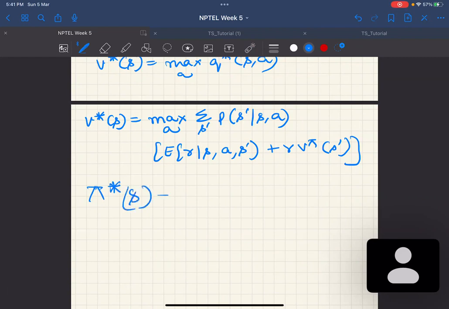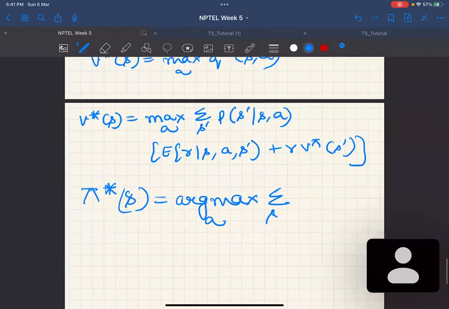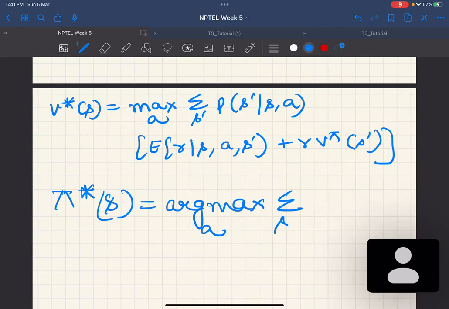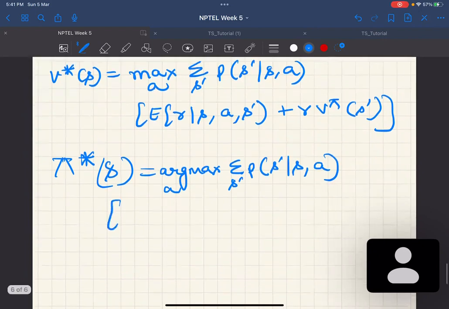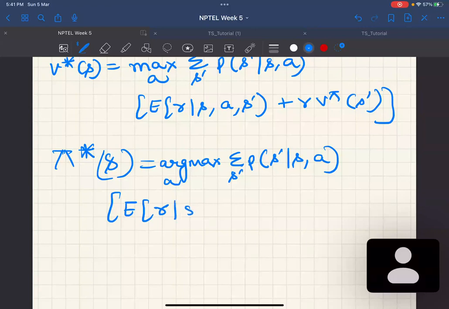I can write pi star of S as, if you have any doubt, you can interrupt me in between and I'll explain again. Now, what is the policy here? What is the optimal policy here?